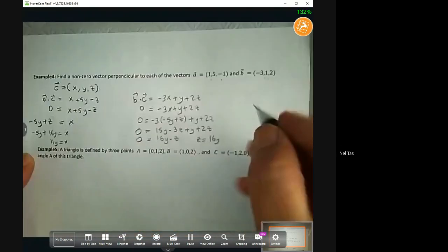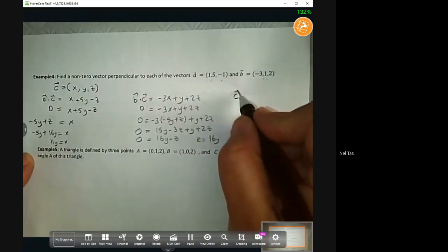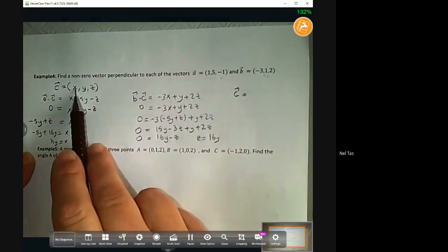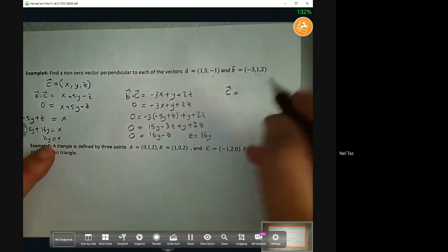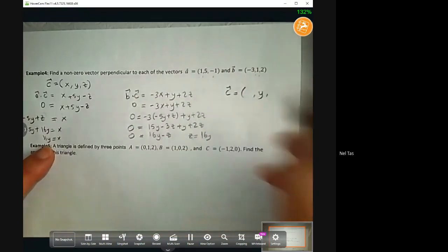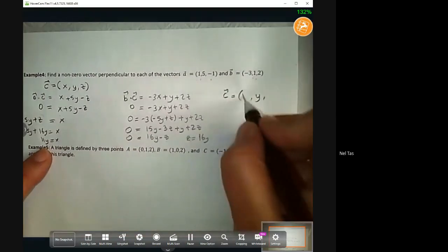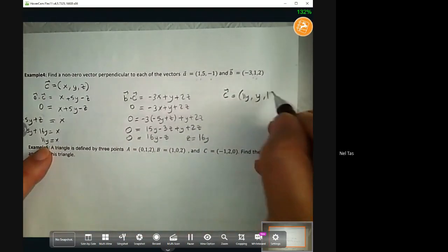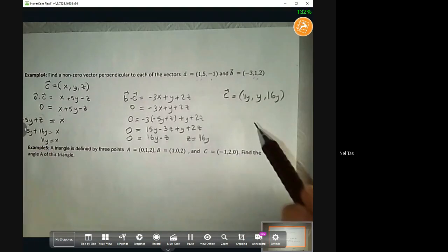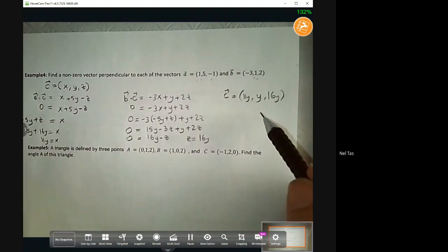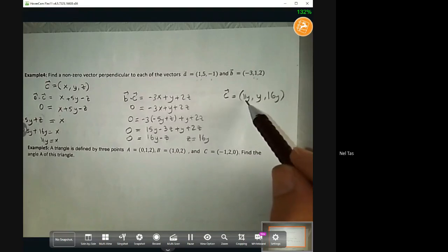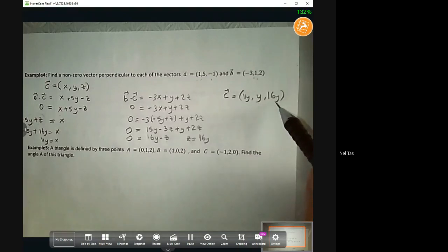So this is telling you that, okay, for the C vector, if Y is Y, X is 11Y and Z is 16Y. So this is telling you that there is more than one answer. Actually, there is an infinite number of answers here. Okay, so it depends on Y. You can have associated X and Z coordinates, and again there is an infinite number of answers. Let's give an example.